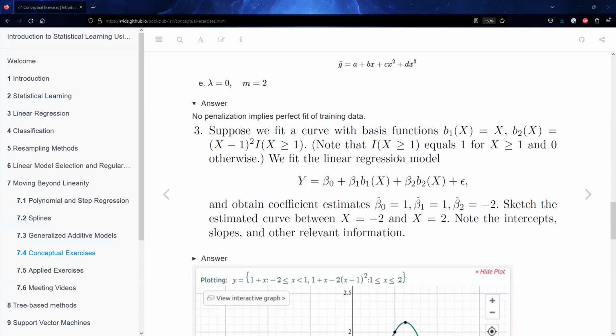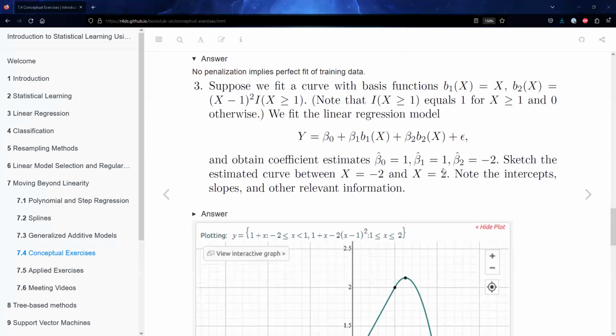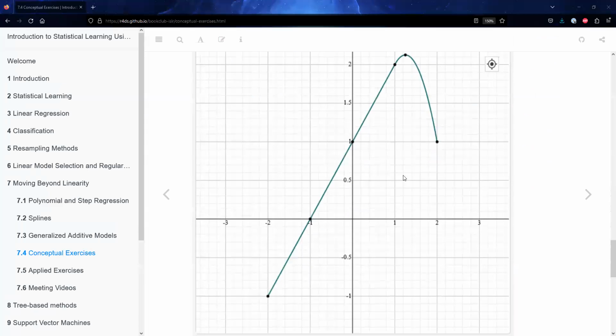When you really double check everything, track everything through, at the top, we're really looking at a knot at x equals 1. And what would happen, long story short, is we would have a straight line from -2 to 1. And from x equals 1 to x equals 2, we would have a downwards facing parabola.